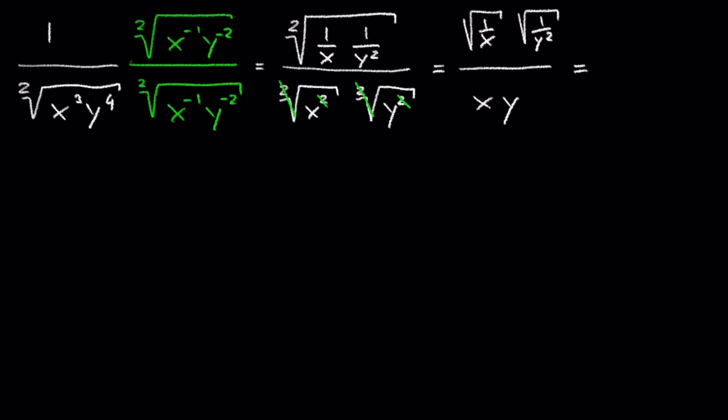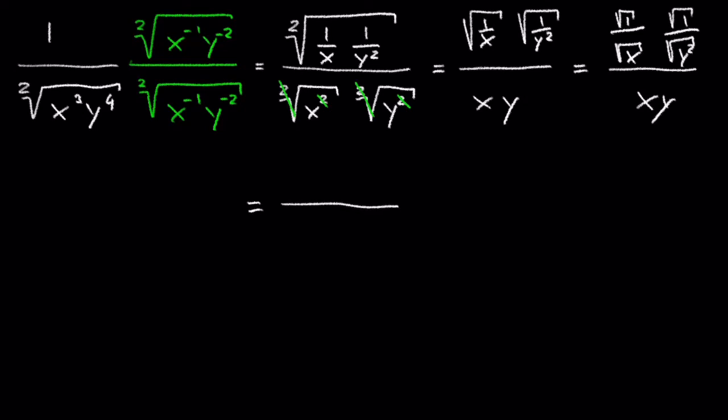And with the division rule for roots, we get the square root of 1 over the square root of x times the square root of 1 over the square root of y squared. The square root of 1 is 1.